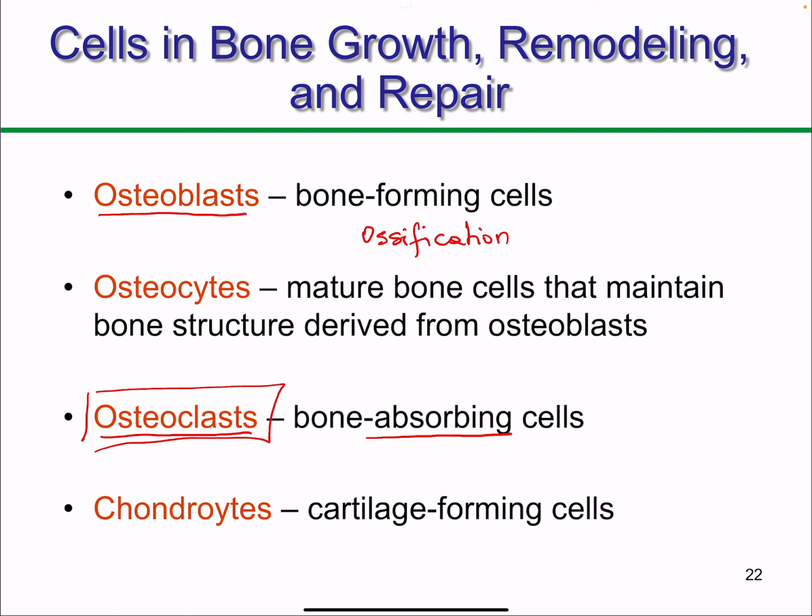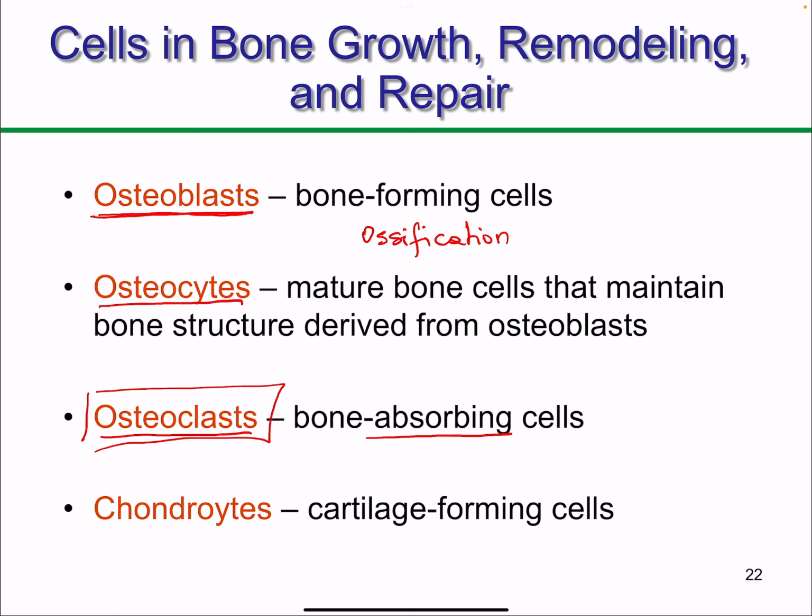Now, the other bone cell I'm going to address is the osteocytes. Osteocytes are bone cells that are trapped in a hard matrix. In other words, during the formation of the bone, the osteoblast is going to form the bone. Then the osteoblast, as it forms the bone, is going to be surrounded with a tough, solid matrix.